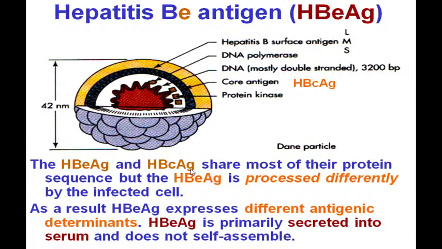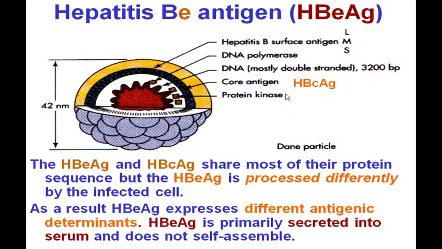The hepatitis B core antigen will be involved in virion development, in so-called morphogenesis. So the HBc antigen is not really released into the bloodstream, so we should not use this protein itself as a serological marker. While the HBe antigen will be released into the serum, and that is the unique way of its processing.